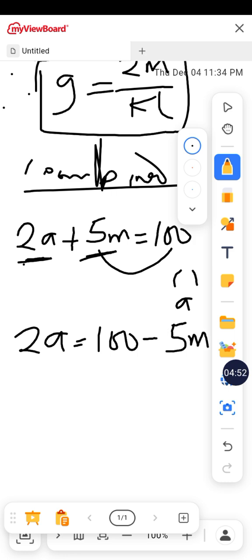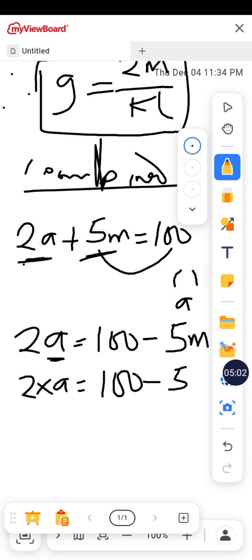And we want to make a the subject of the formula. a is joined together with 2 by a multiplication process. So we get rid of that 2 by a division process.